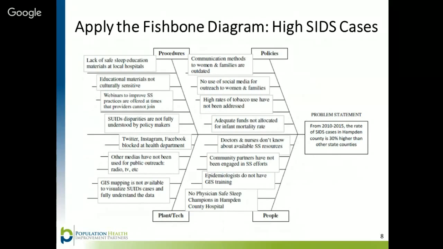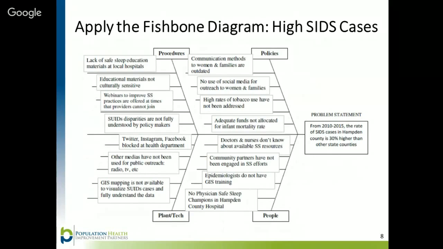Let's take a look at the few of the causes listed in the categories. Under procedures, we have a lack of safe sleep education materials at hospitals, or that the existing education materials are not culturally sensitive. Under policies, communication methods to women and families are outdated, or high rates of tobacco in the county have not been properly addressed.